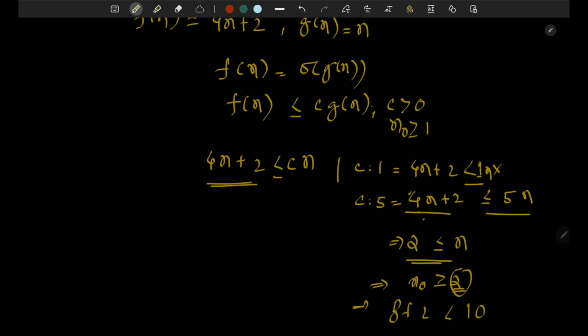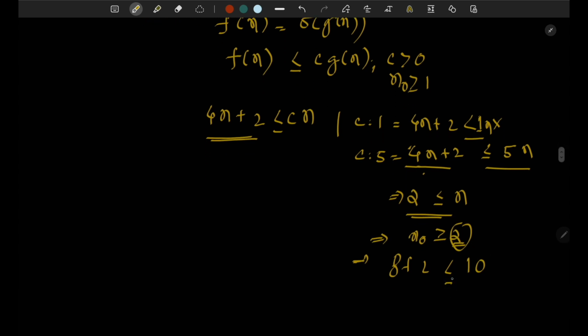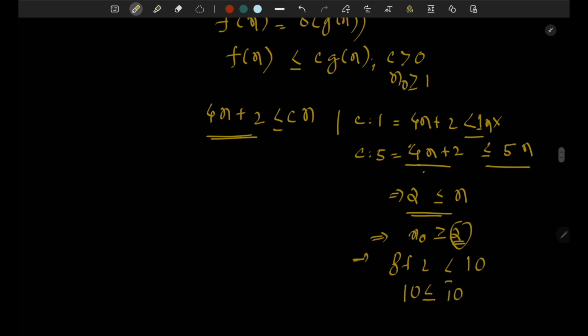So essentially, for all the values greater than or equal to 2 for n naught and c as 5, 10 is definitely less than or equal to 10. If I replace this with 3, then we will have 4 multiplied by 3 plus 2 and 15. So this becomes 12 plus 2, that is 14, and this is 15.